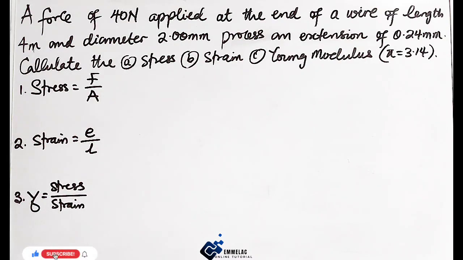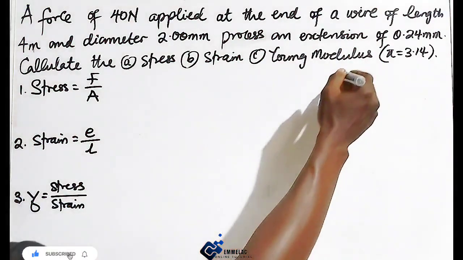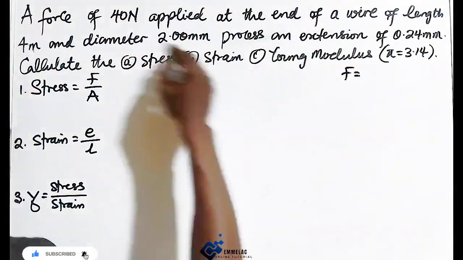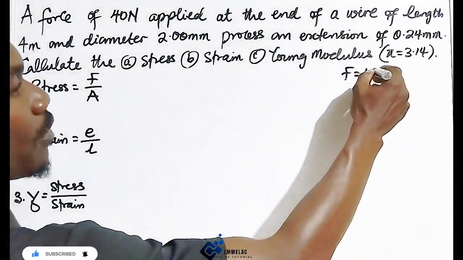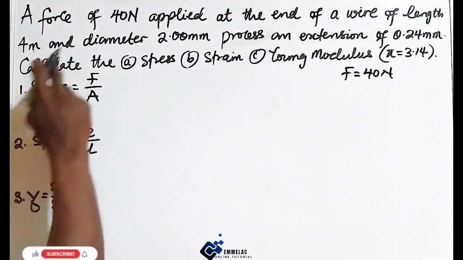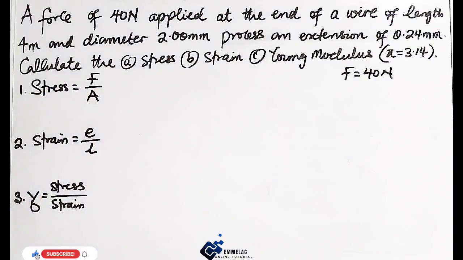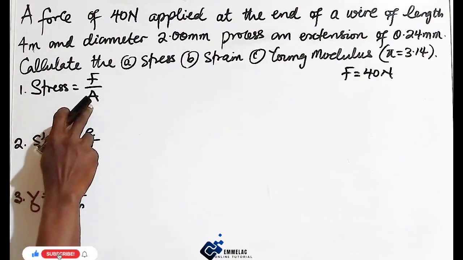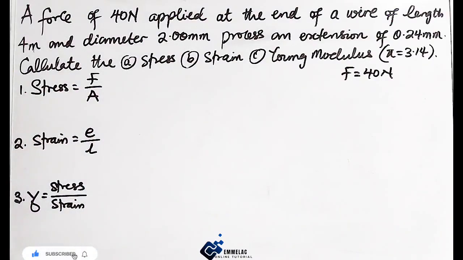Now, but before we do that, let's note here that the force F from the question is 40 Newton. Now our area here is not given, but we need to sort out how to solve this area.